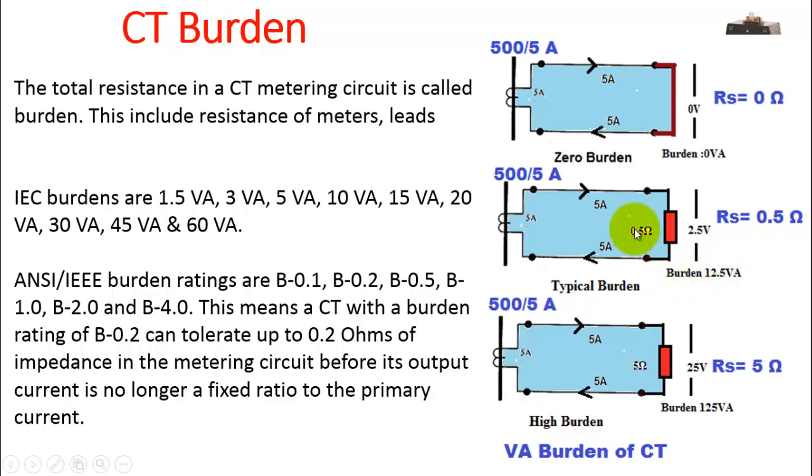So if you want to connect this CT on this load, you need a CT which has a burden of more than 12.5 VA in order to measure the current accurately. Similarly, if the resistance increases to 5 ohm, then the burden will increase to 125 VA, and so on for all the combinations.